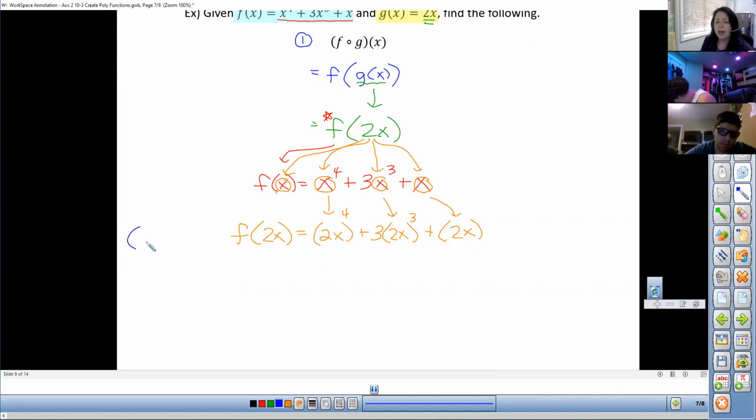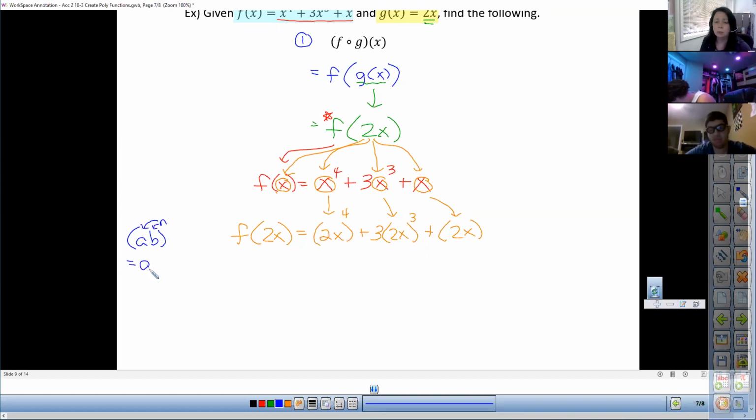So it's like if I have a times b to an exponent, that exponent is applied to all factors inside the parentheses. So this is like what we did in our volume, like when we were squaring both our number and our units, like inches. We squared both. Same thing here.